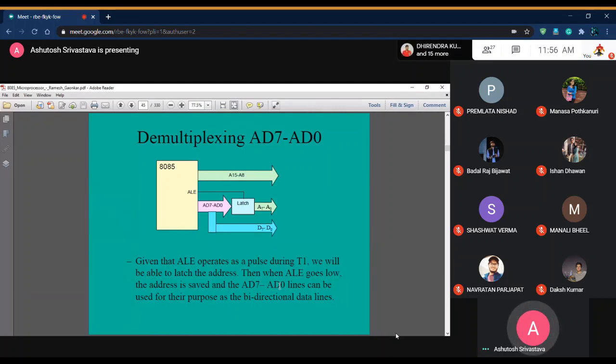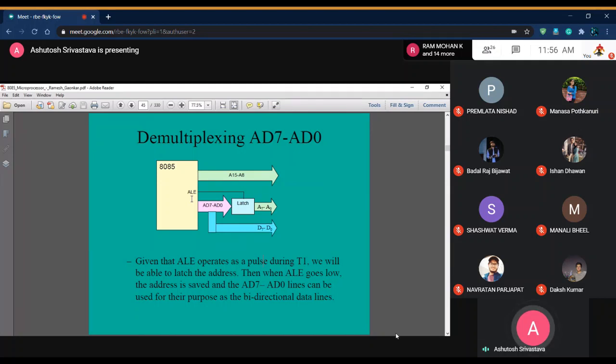So between communication here and here, you have a difference of 2 clock pulses, and it is synchronized by the latch and the ALE system.